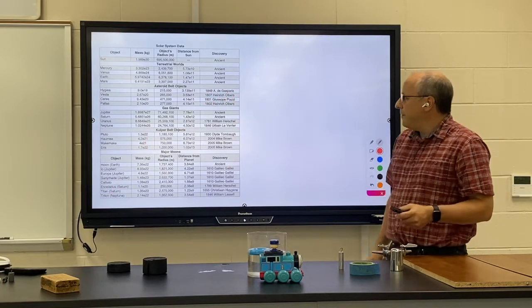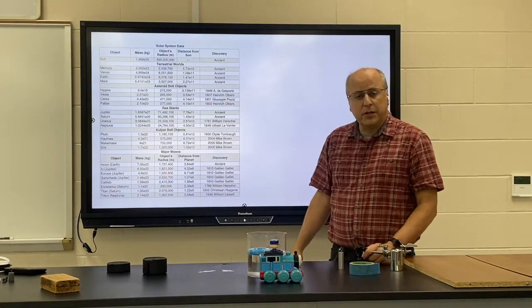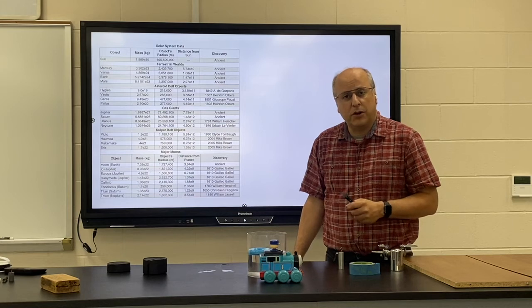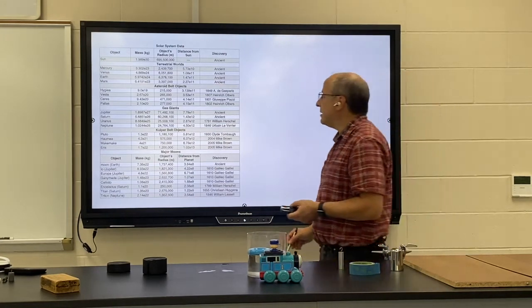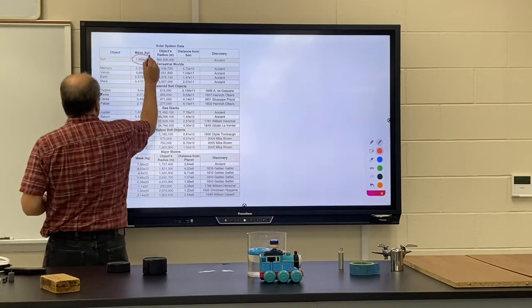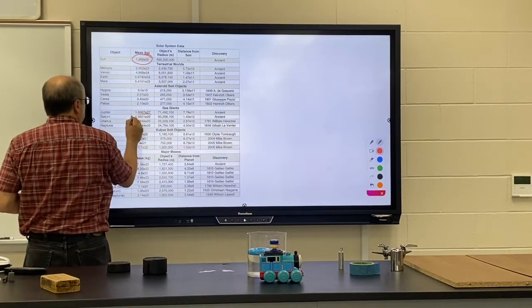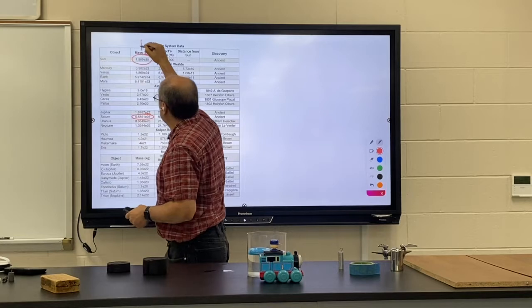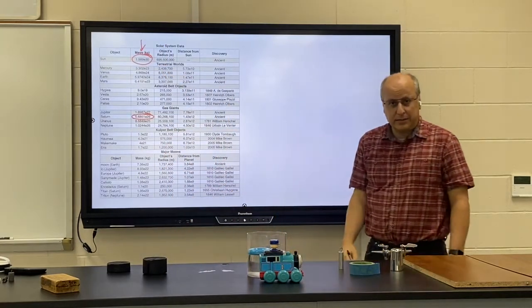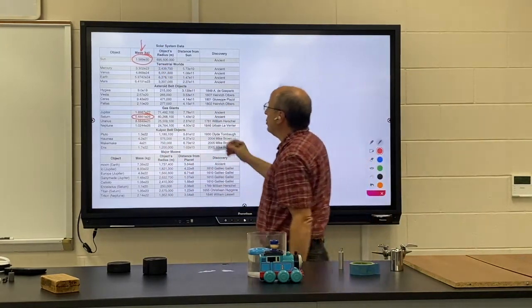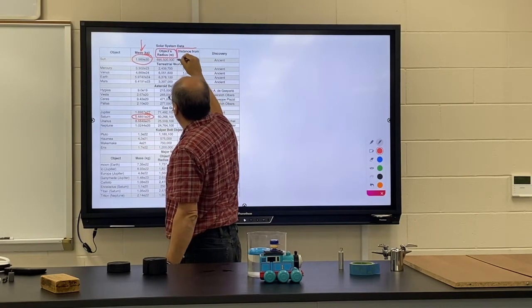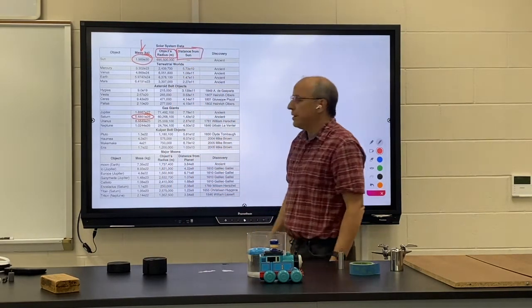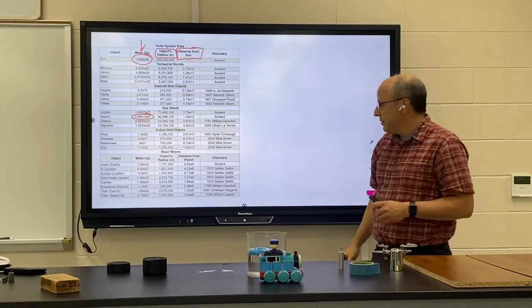You will have this accessible to you. I will post this on your Google Classroom. And anytime you need to know the masses of things, like Saturn and the Sun, you can get them from this column that says mass. It also tells you how big the object is, and more importantly, how far these different objects are from the Sun.